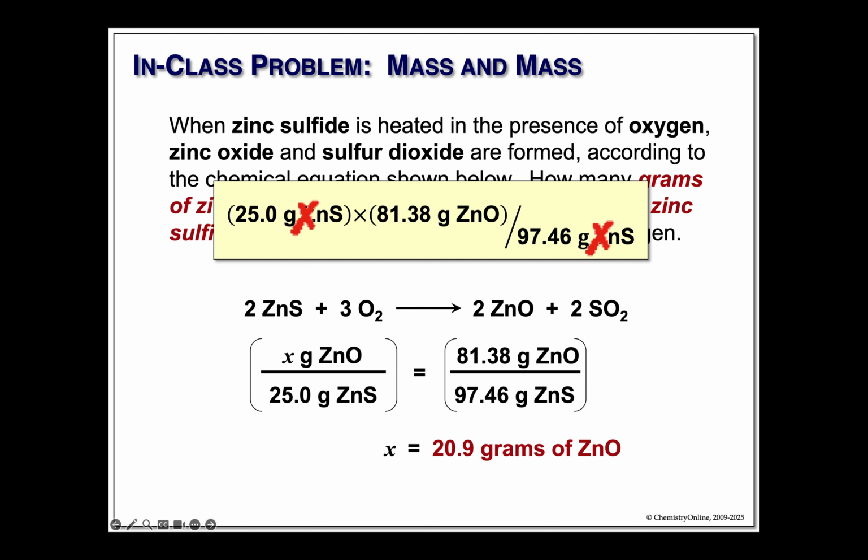So we start with 25 grams here, release sulfur dioxide, and we get about 21 grams of zinc oxide. Once again, these are all the theoretical yields, okay? We are calculating how much we're going to get if everything works perfectly.